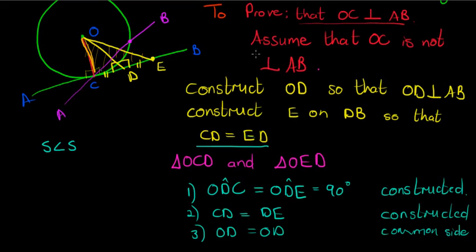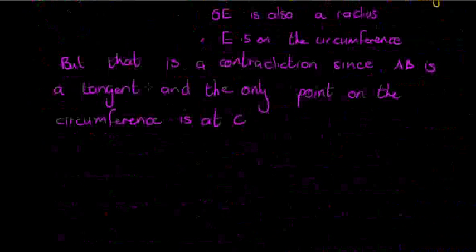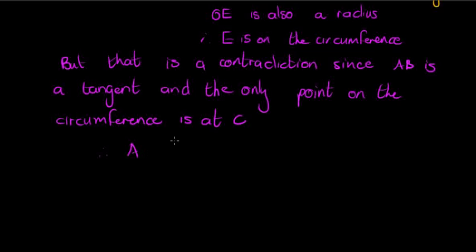So now we can reject our assumption. This is wrong, and we assumed it is not perpendicular. So the opposite of that is, it is perpendicular. So since we get a contradiction, therefore OC is perpendicular to AB. Okay.